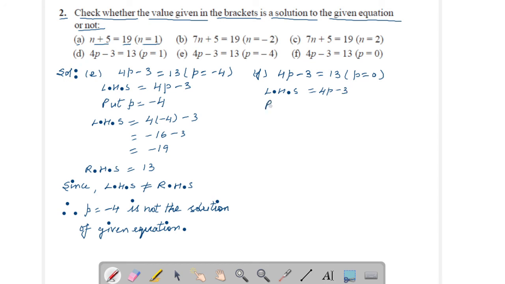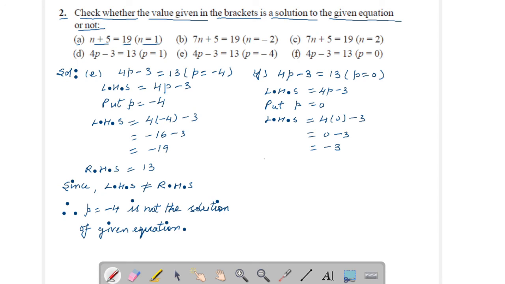Put p equal to 0. The left hand side will be 4, replace p by 0, minus 3. Solve it. 4 into 0, it is 0, minus 3. 0 minus 3 is minus 3.